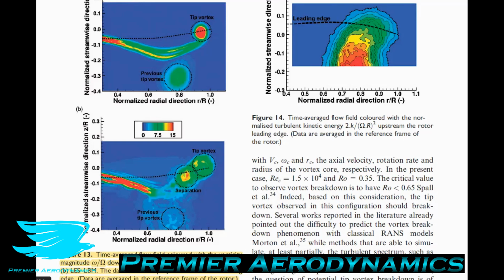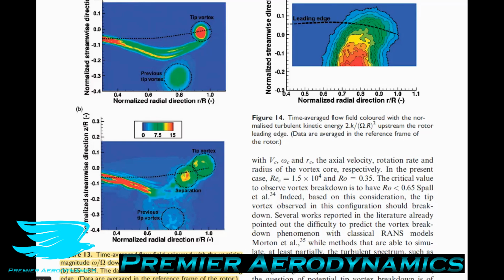So regarding the prediction of acoustic emissions, the question of potential tip vortex breakdown is of major importance. As shown in figure 13, in the case of vortex breakdown, the turbulence generated by the tip vortex can impact the following blade on a large part of the span, which is not the case if the vortex remains coherent. So in other words, in this situation where we saw the vortex coming from an upstream blade still persisting well downstream for the URANS, if that impacts another blade, that's going to create noise.